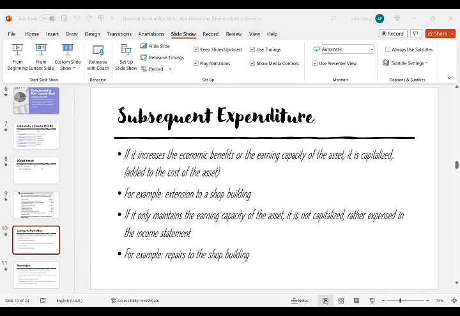But on the other hand, if it is only helping you to maintain the economic benefits, like if you're doing repainting or repairs, in that case, you don't have to add it into the cost of the asset. Rather, you will consider it to be an expense in the income statement.